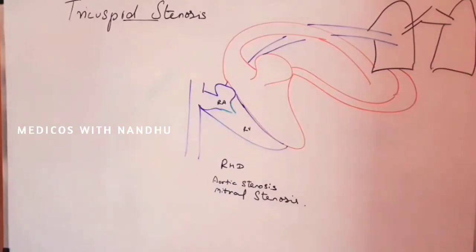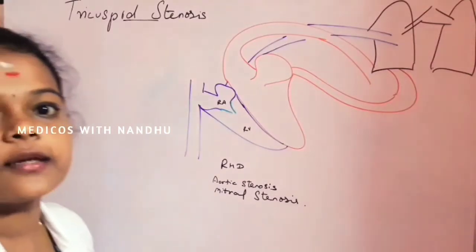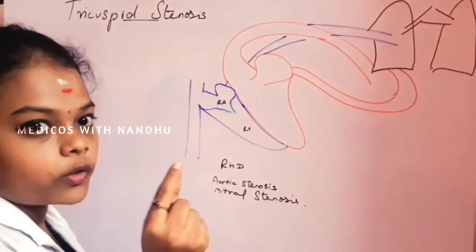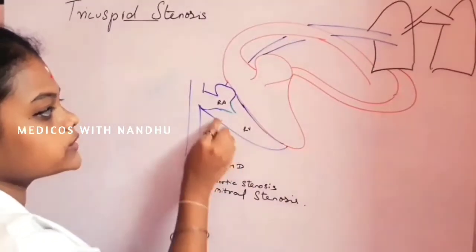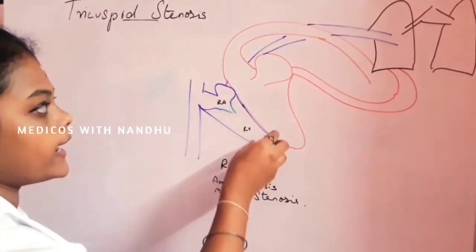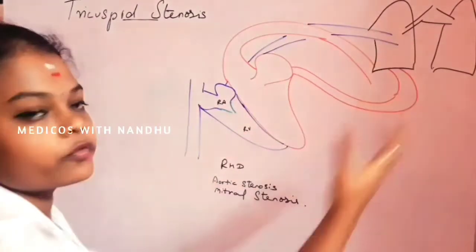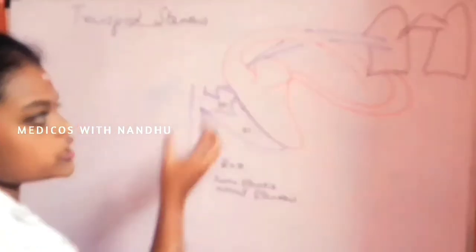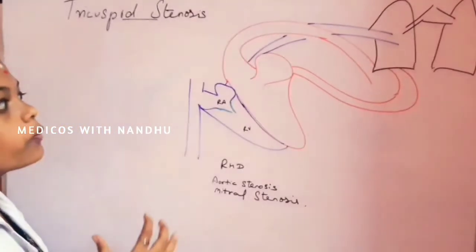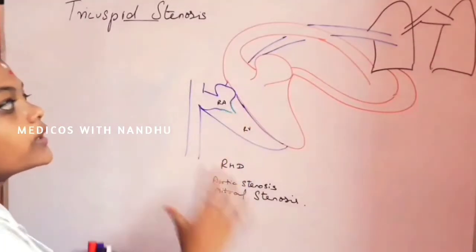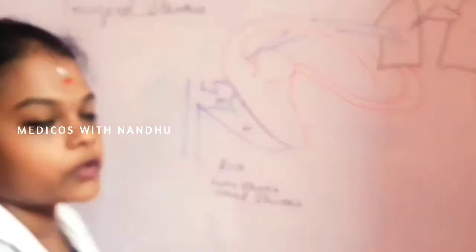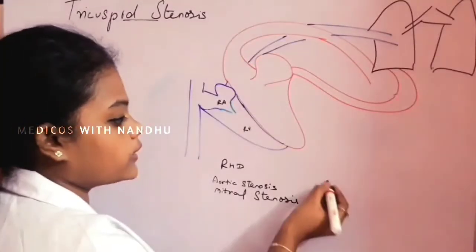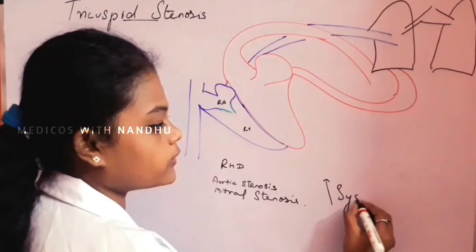Now the pathophysiology: when this valve gets narrowed, the blood flow to the right ventricle is not sufficient, so oxygenation is impaired and cardiac output will be low. The right atrium pressure increases, which leads to an increase in systemic pressure.